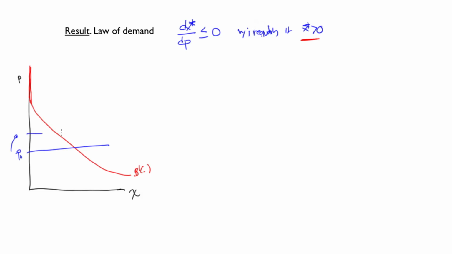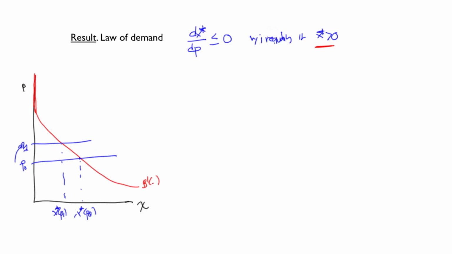This is the initial price, let's say, to a price like this. Well, we know that the initial demand was determined by this intersection, and that the new demand is going to be determined by this intersection. So, given the slope of the marginal benefit function, it has to be the case that as the prices go up, the demand is strictly going down.